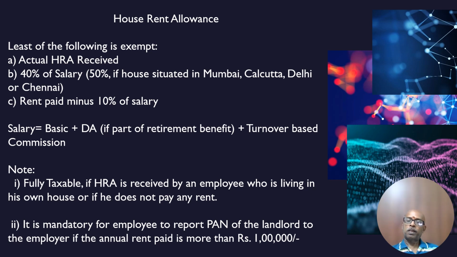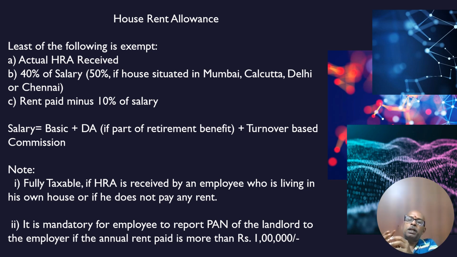Now the person gets 40,000 basic pay. Same, HRA 10,000. Rent he pays 15,000. So HRA is 10,000. 40% of 40,000 salary is 16,000.